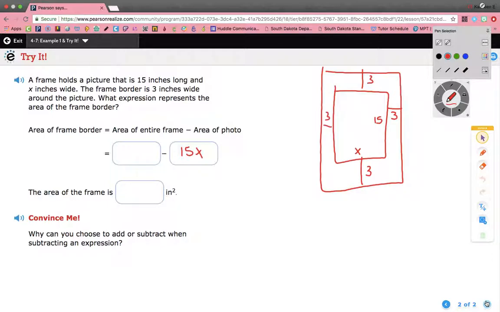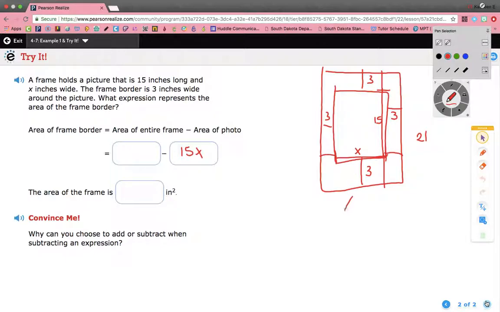Okay, so from here to here is 15, plus 3 is 18, plus 3 is 21. So we have 21 as the length of the picture frame. And then we have the width, so from here to here was x. And then we have to add 3 more on this side, so x plus 3, and then plus 3 more on this side.